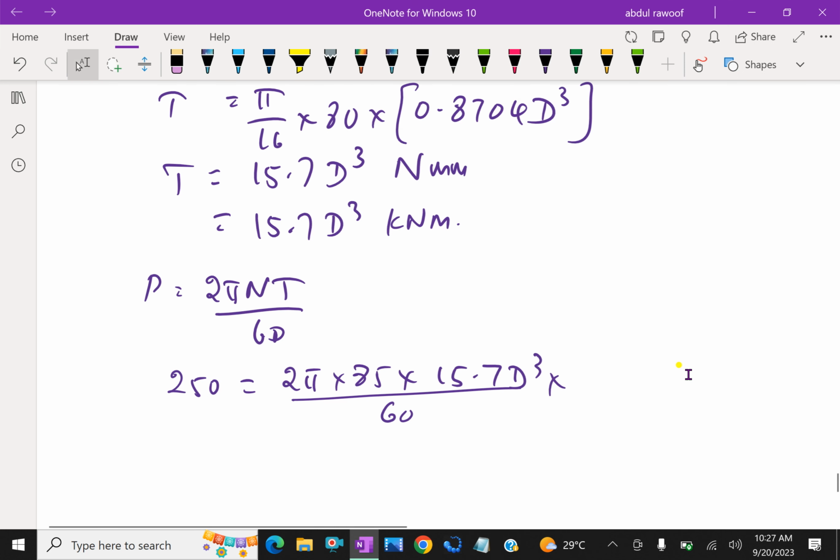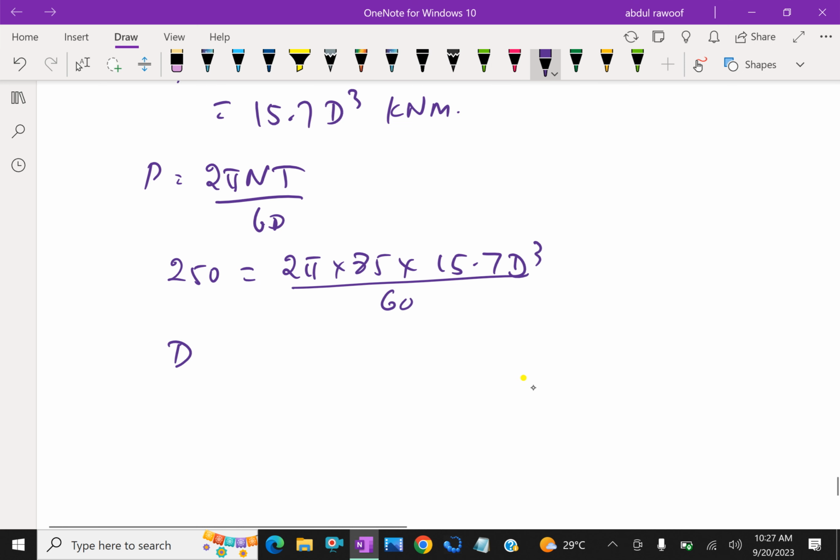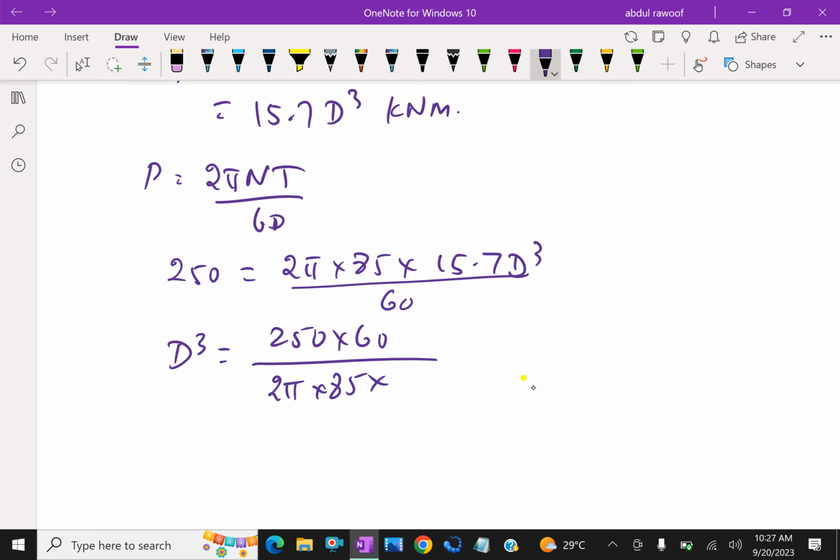Then this is equated to 250. By cross multiplying, we have D cube equal to 250 into 60 over 2 pi into 85 into 15.7, into 10 power minus 6.